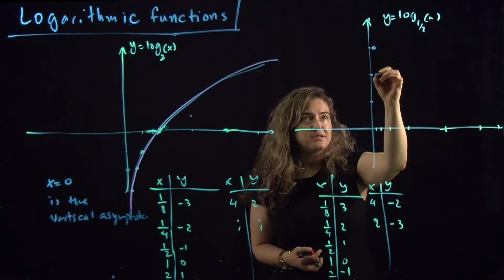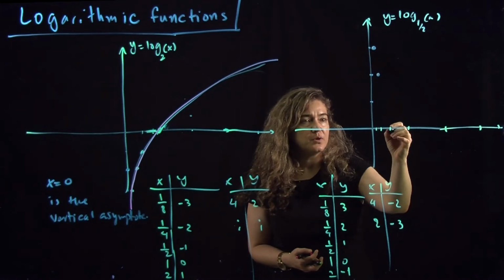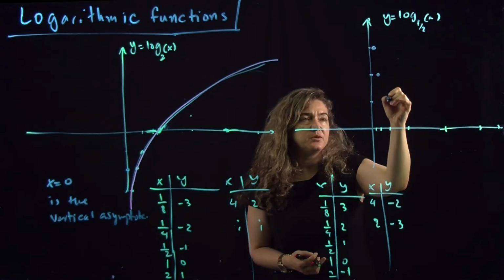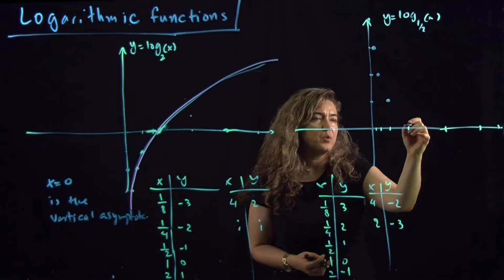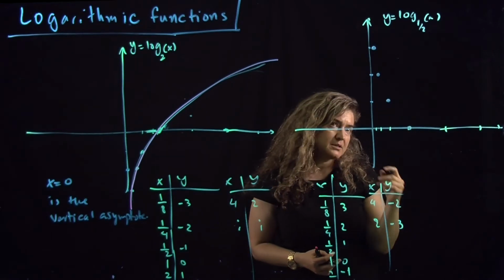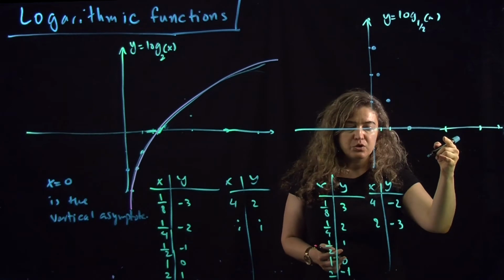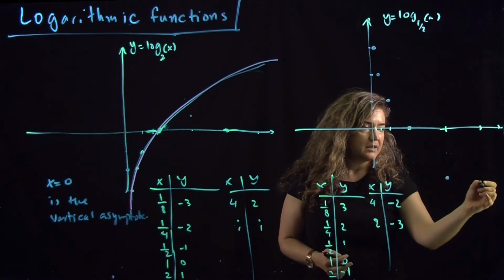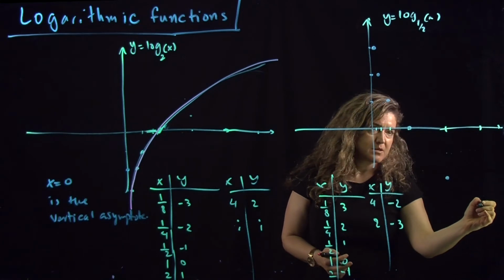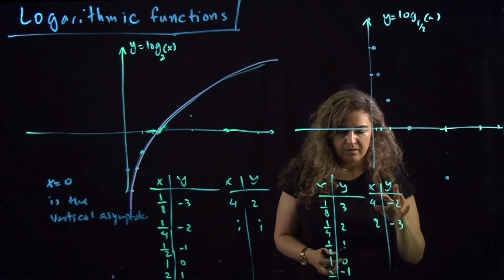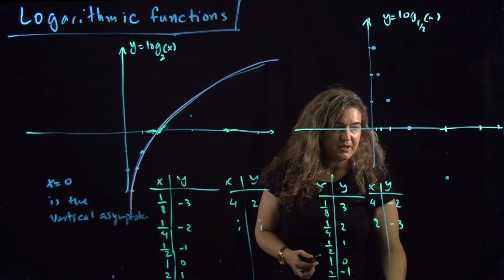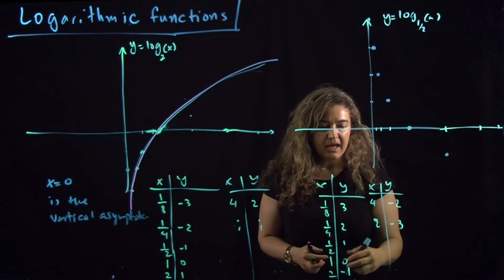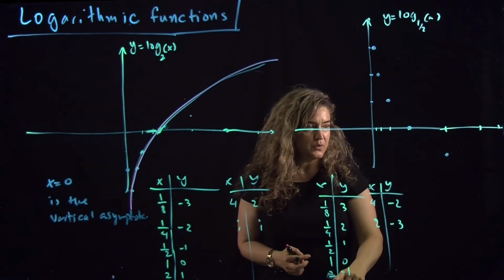I'm sorry, 1/4 is supposed to be 2. 1/2 is supposed to be 1. 1 is supposed to be 0. 2 is supposed to be -1.